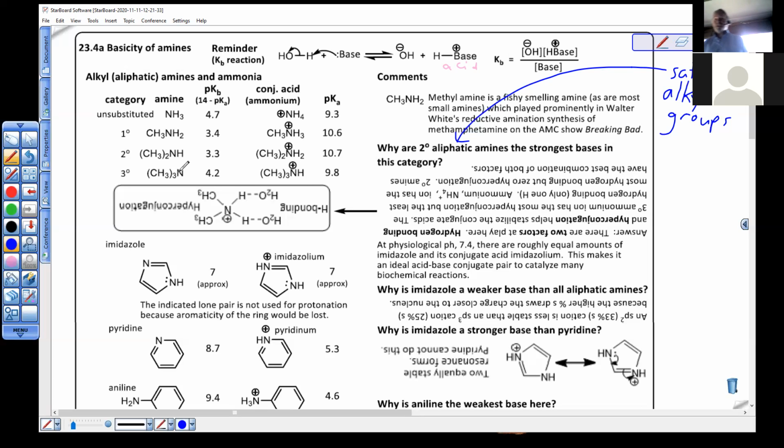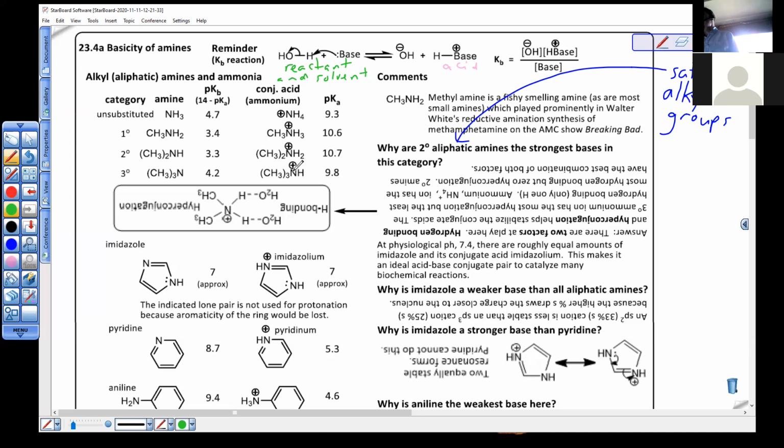But hyperconjugation is only half of the story. These species are also stabilized by the fact that this reaction is done not only with water as a reactant, but water as the solvent. So we've got to look at factors where the solvent stabilizes things as well.